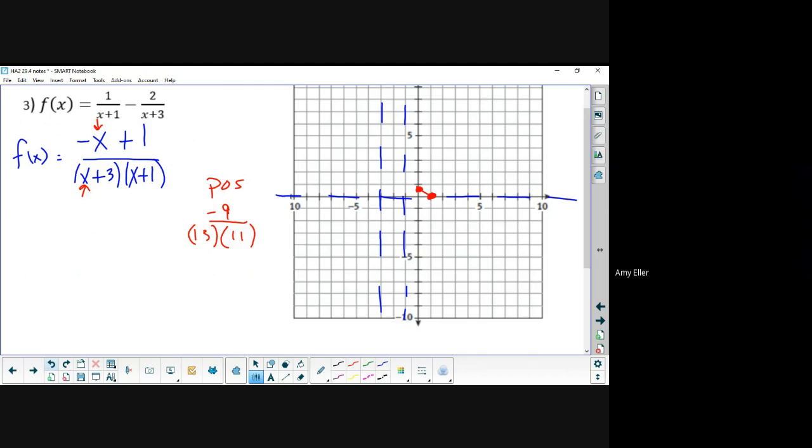Is that going to be positive or negative? Negative. I don't even care what the number is. So I can connect it. I wouldn't require you to plug in that point. You can touch horizontal asymptotes. You can never touch the vertical asymptote.